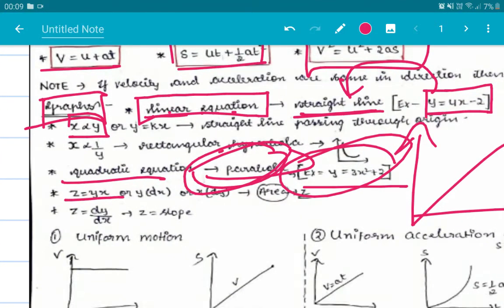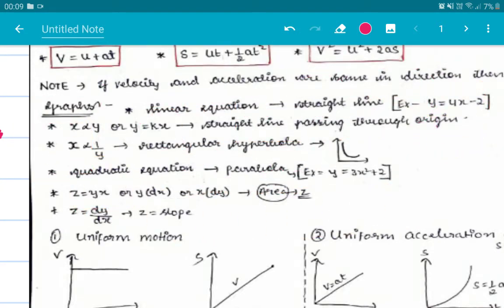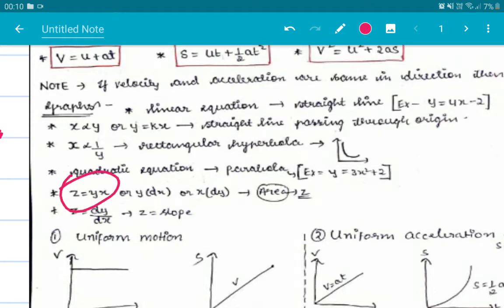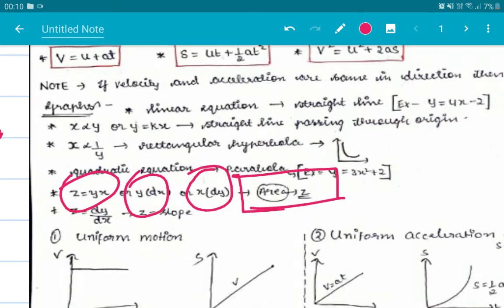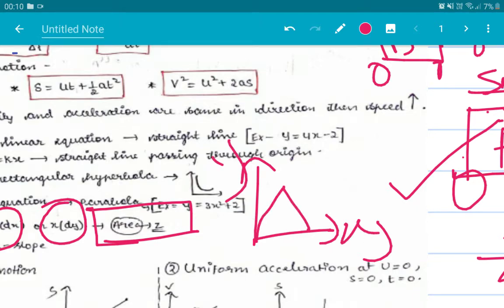If z is equal to y dx or x dx, then the area under that graph is equal to z. Suppose this is x, this is y.